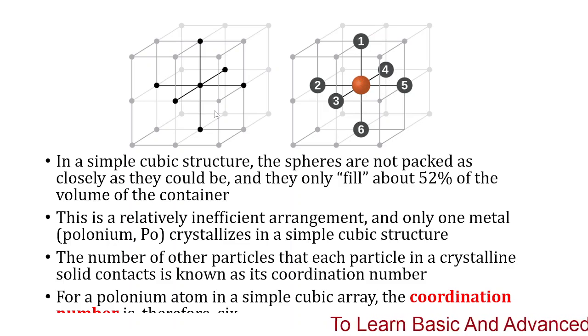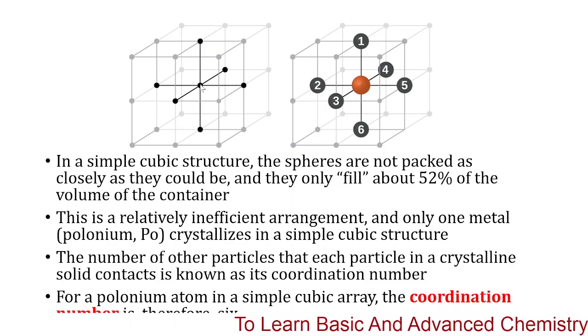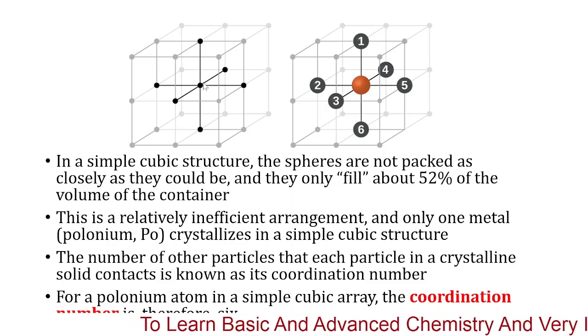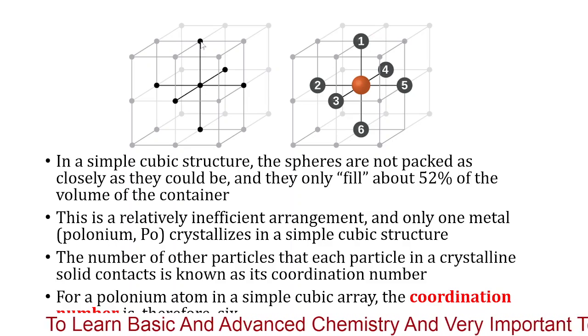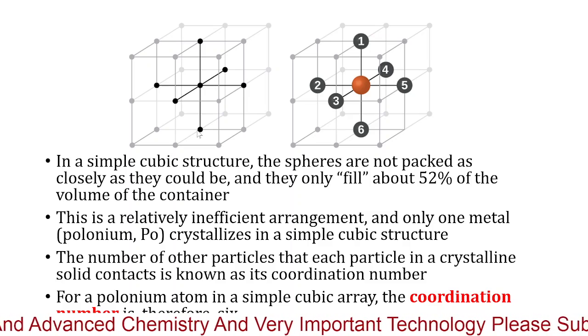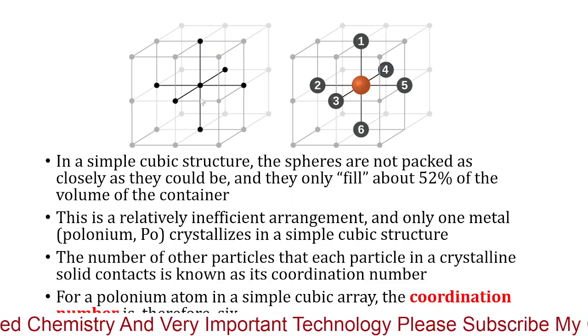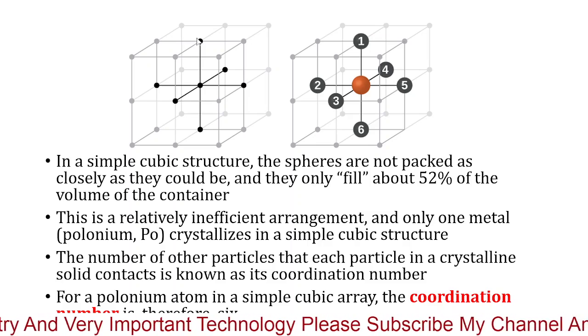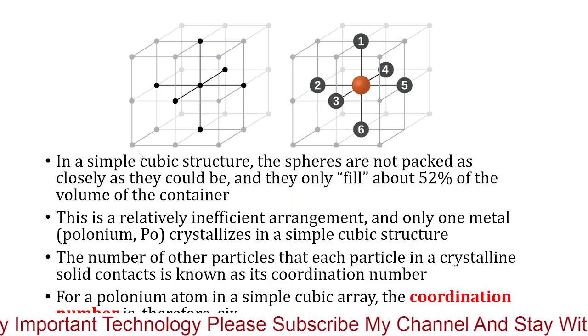So, if we consider this one, this is bonded to this, this is bonded to this, and this, and this one also this, and this. So, it has the coordination number, this is 4 and 2, 6.